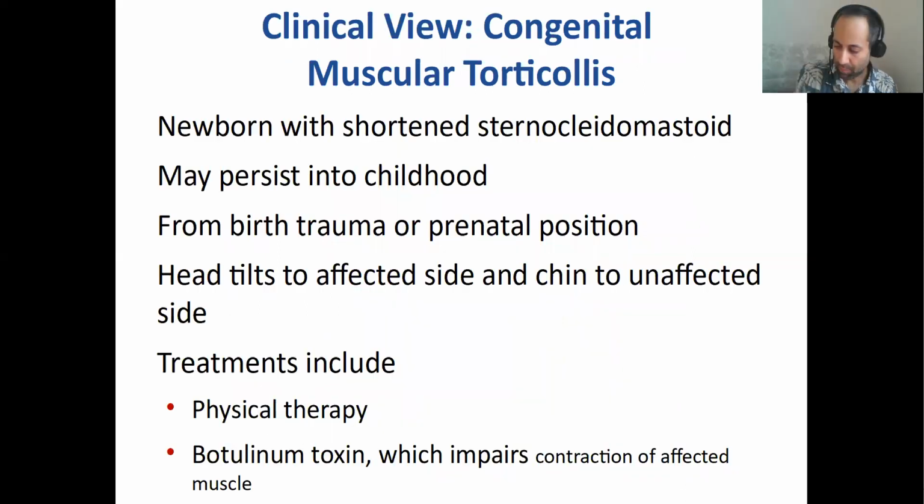Okay, so here is a clinical picture called congenital muscular torticollis. Commonly seen in children who have had a difficult birth, more common in twin pregnancies because you have two kids in the uterus, right? And they're kind of pressed against each other. Or if you have a baby with a very big head, such as what happens with diabetic moms, something called macrosomia, right? Macrosomia, large body, large head, and CPD for cephalopelvic disproportion.